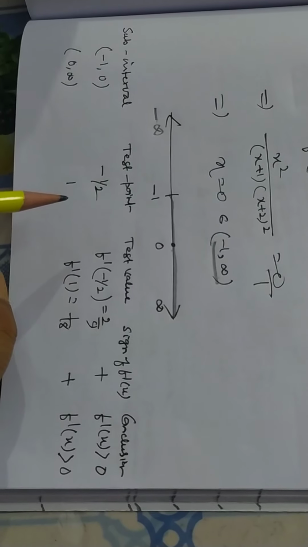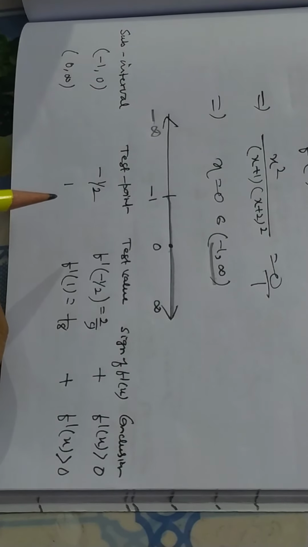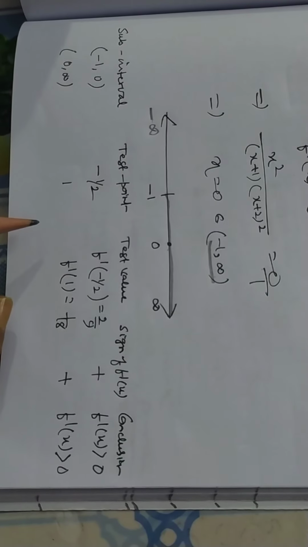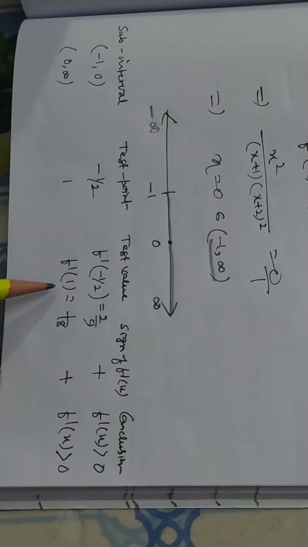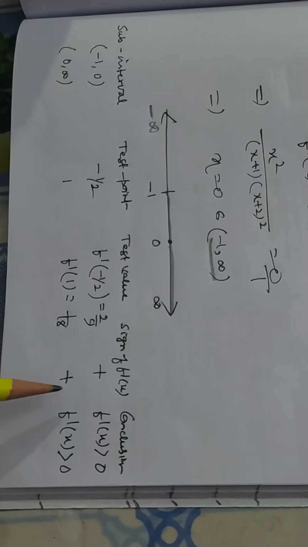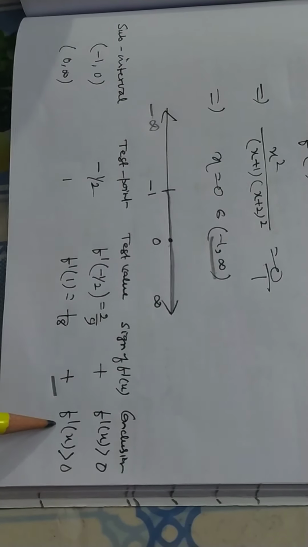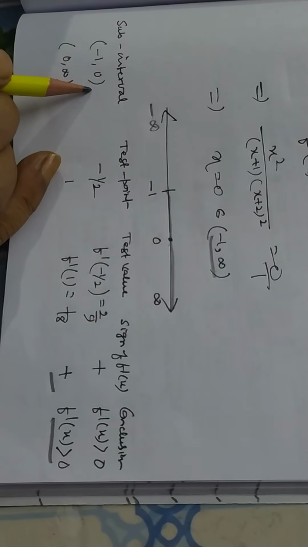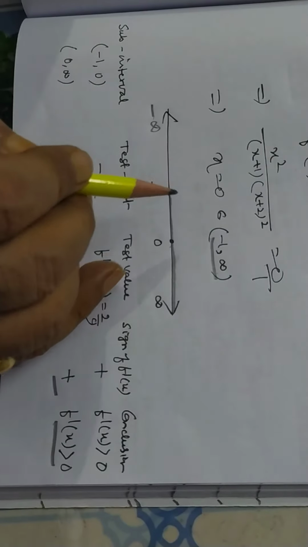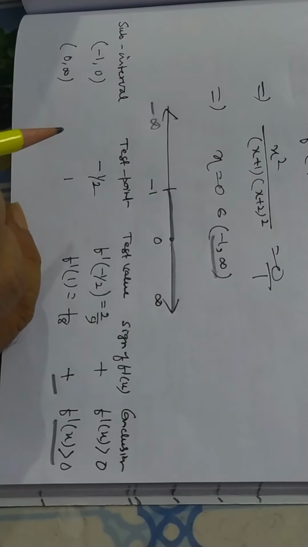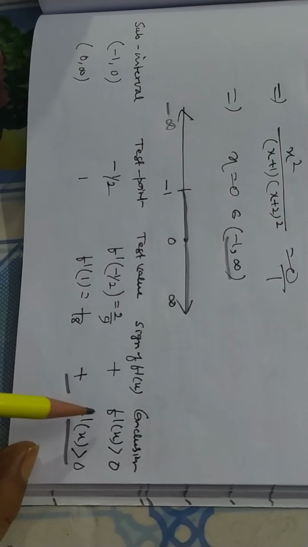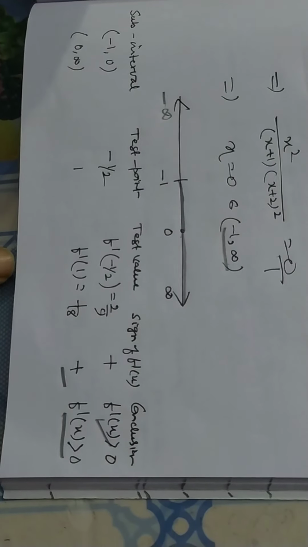So we here take a value 1 between 0 to infinity. So f dash 1 is equal to 1 by 18. So it is positive, so f dash x greater than 0. And now here minus 1 to 0, we take also a number minus half, and its value is f dash x greater than 0.